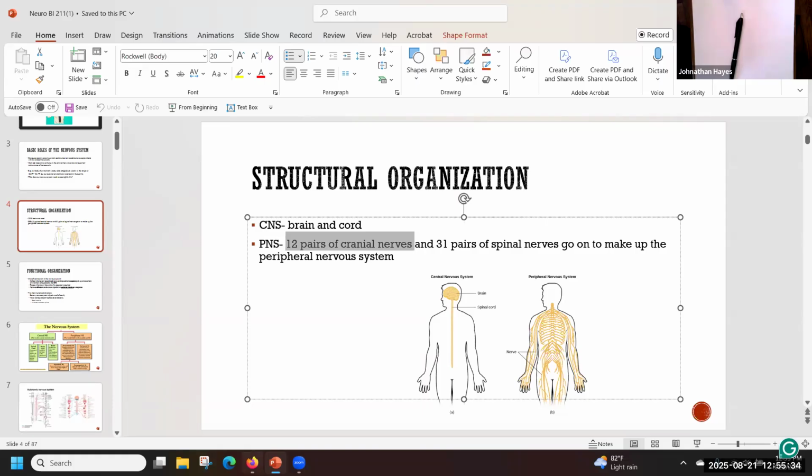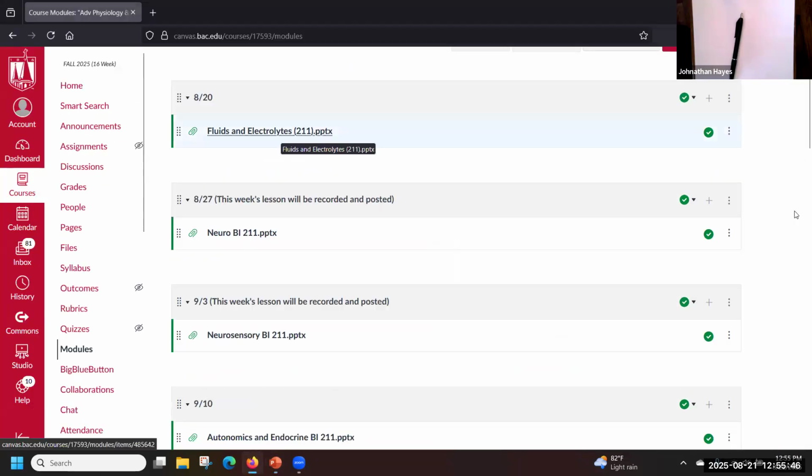For example, you go back and look at the schedule, fluid and electrolytes this past week. Here, neuro is going to talk about a lot of the components of the nervous system, different parts and pieces, what they do, how they work. Tracts get mentioned again. Spinal cord cross section, I believe, gets mentioned again in this section.